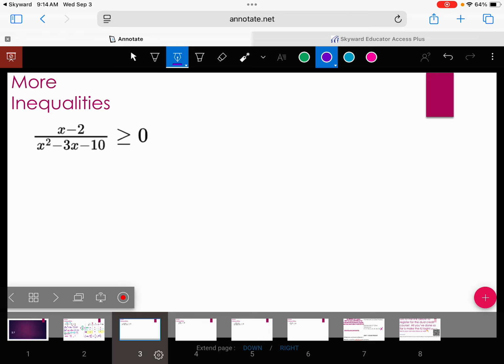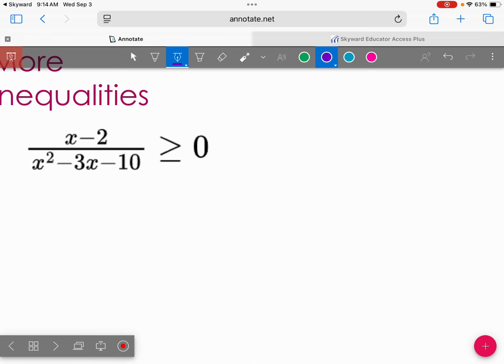So what we're going to do when we have something like this is say, wait, I see a quadratic in here. Let's factor that bit. Let's take a look at this denominator, x squared minus 3x minus 10, and see if we can factor this thing.